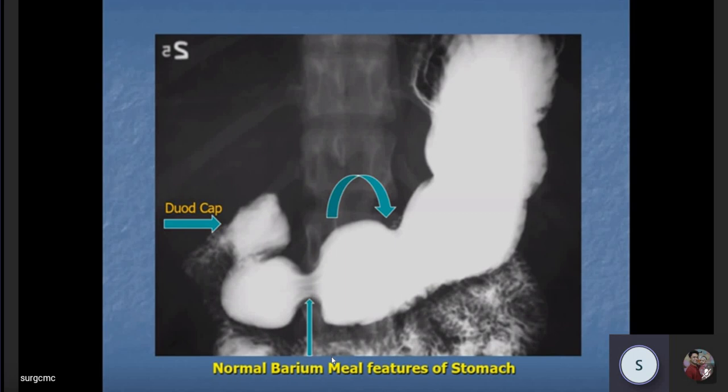Your first answer should be, sir, seeing one plate, I cannot comment. If the same filling defect persists in a number of plates, then, sir, I think it's a filling defect because of a space occupying lesion. Maybe a gastric malignancy. But if in one film it is here, in another film it is here, in another film it is here, it is probably because of peristalsis. A single plate cannot give you a clear answer. Okay?